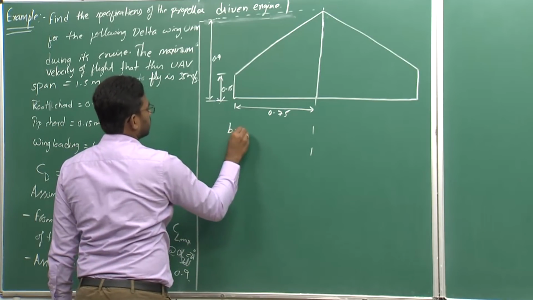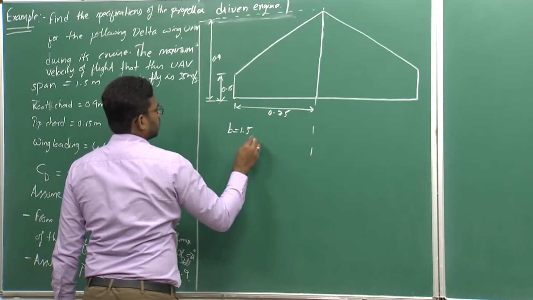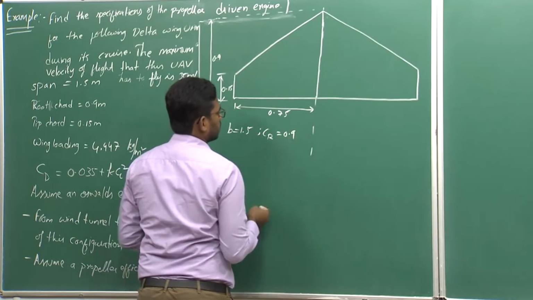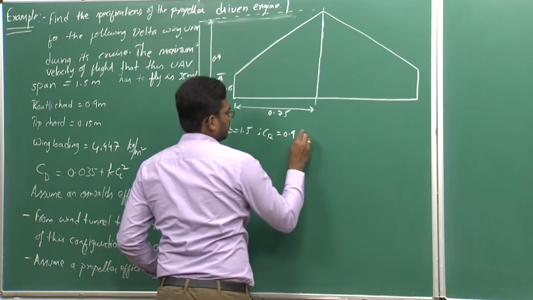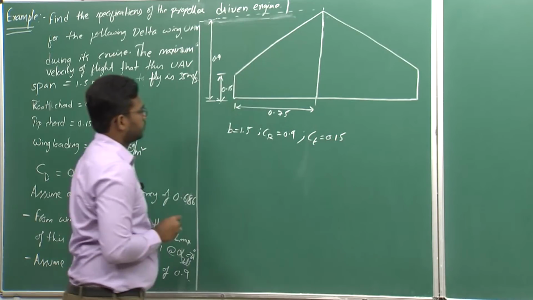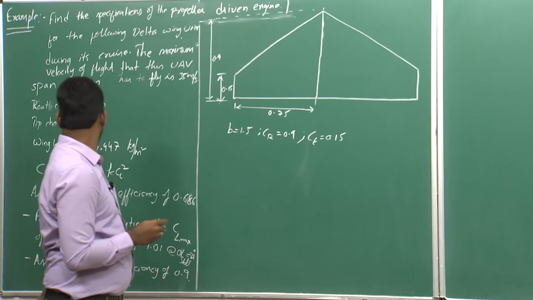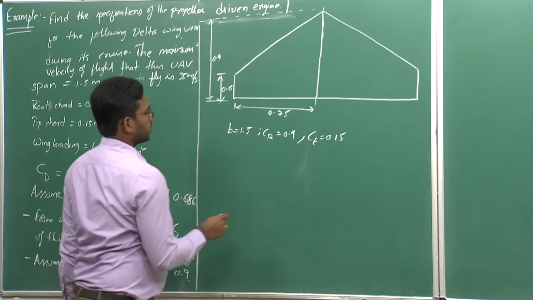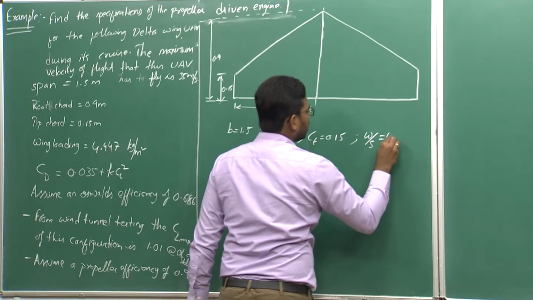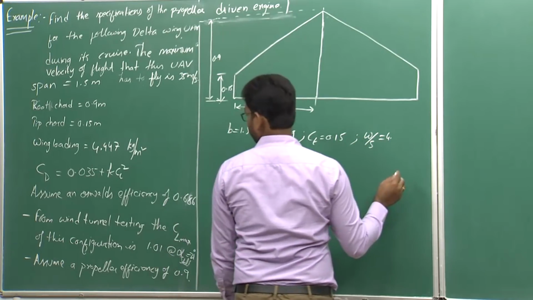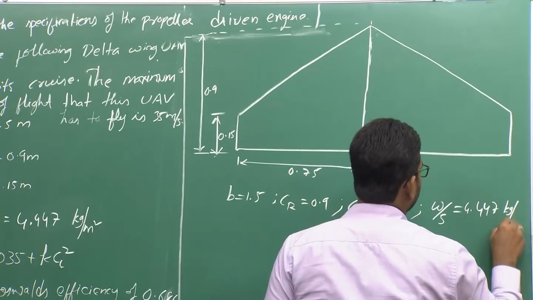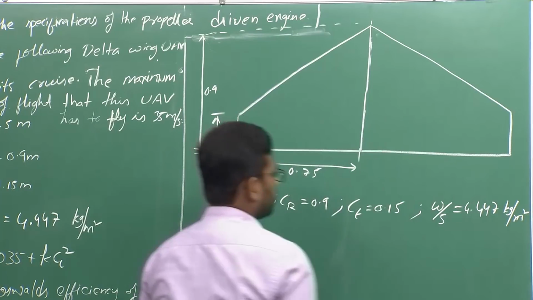So, B is 1.5, CR is 0.9, CT in this case is 0.15. And wing loading is given, W by S is 447 kg per meter square.